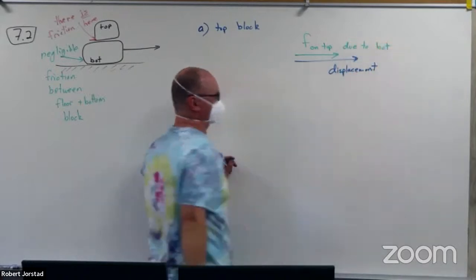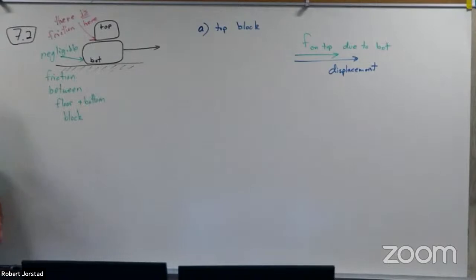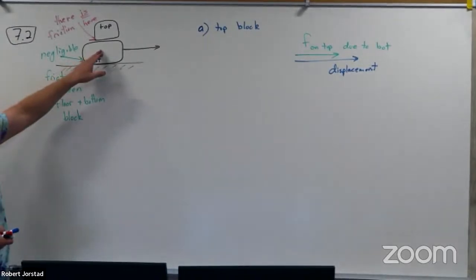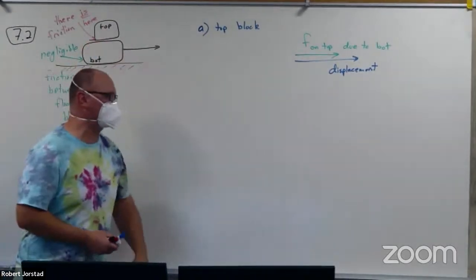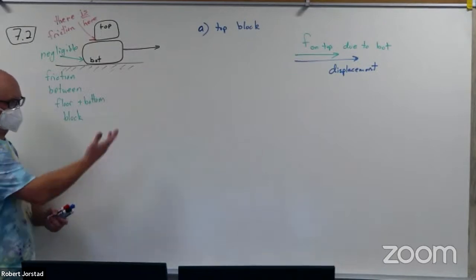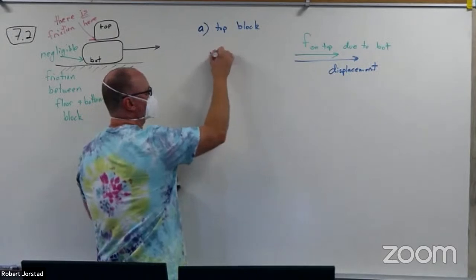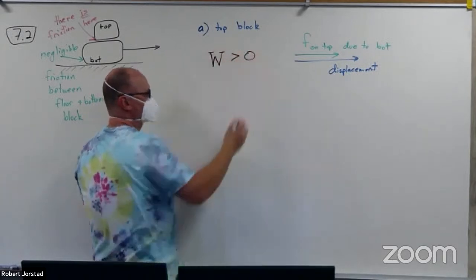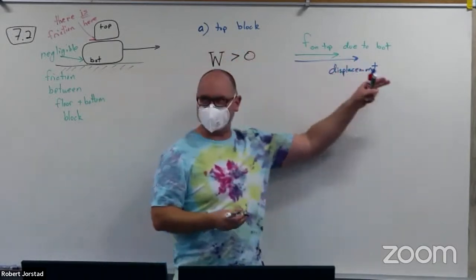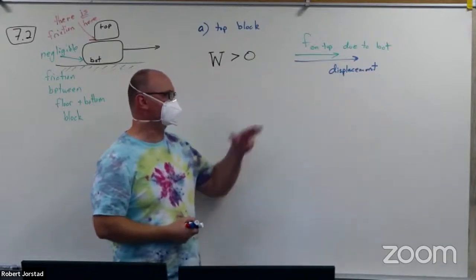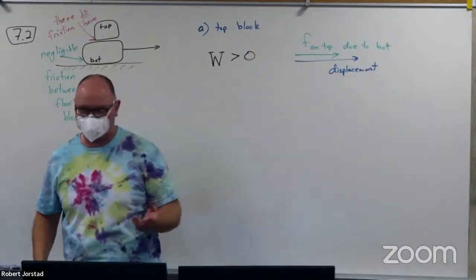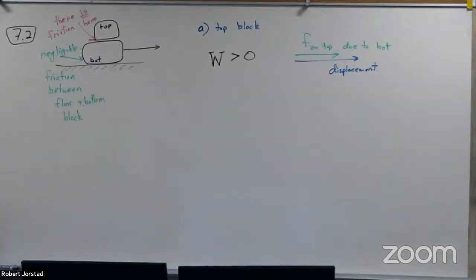Are you okay with those words? Because the bottom is there, there's friction on the top one, and it's forwards. Work done is positive. It's in the direction you're moving. It should tend to speed you up. If there was no friction, it would stay put.